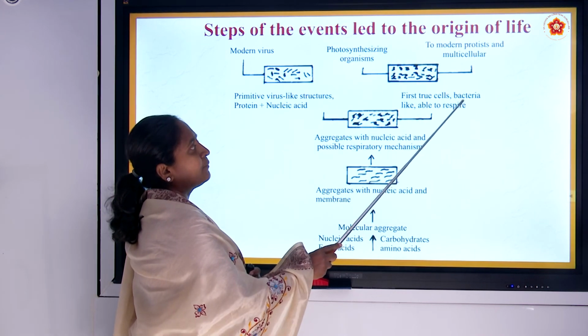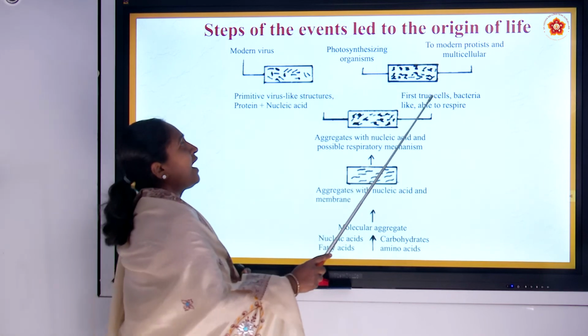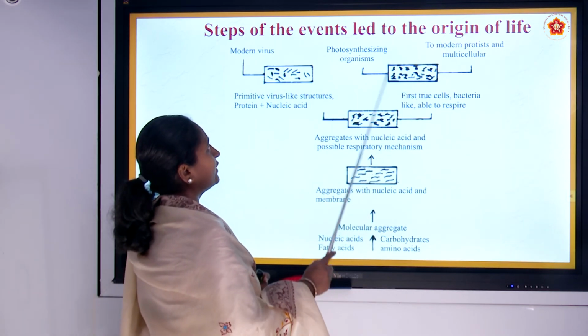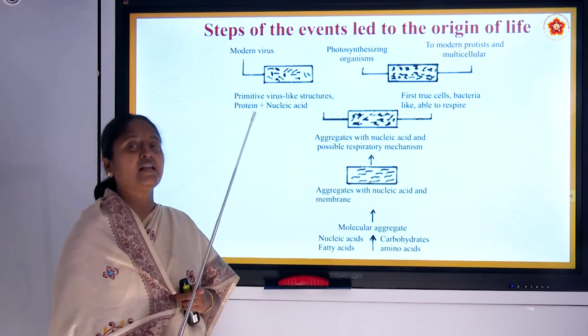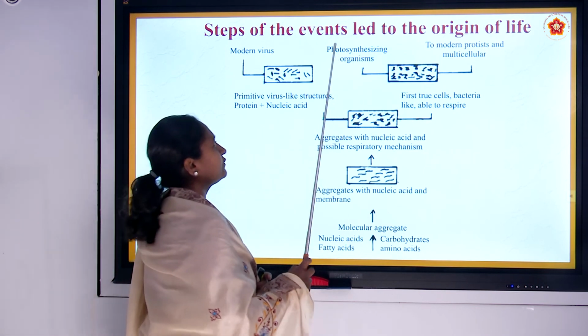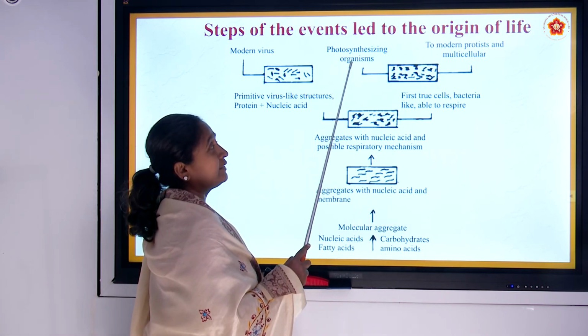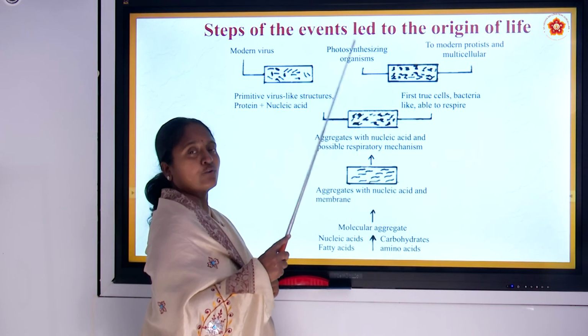Then we can see bacteria started forming, and in these bacteria, again the major breakthrough is the photosynthesizing organism. How did they do photosynthesis? Because they had chlorophyll present, right? That was also one of the biggest breakthroughs that happened in the genetic material, to create something called chlorophyll to trap the sun's energy.